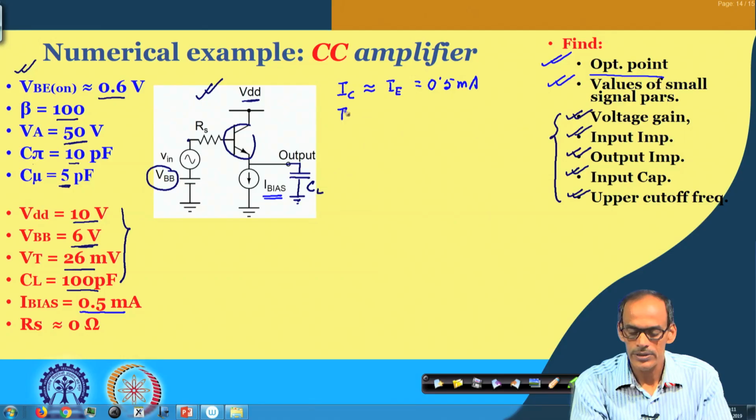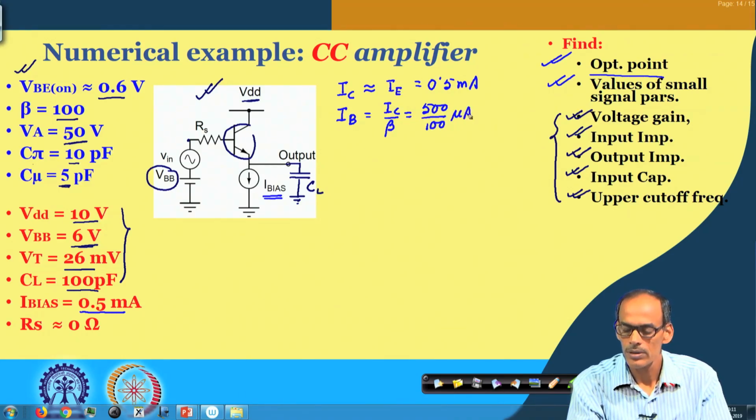Then the base quiescent current is IC divided by beta, that is 500 divided by 100 microampere, so 5 microampere.